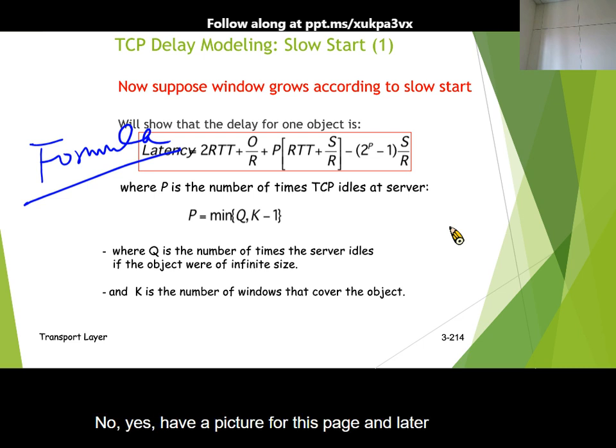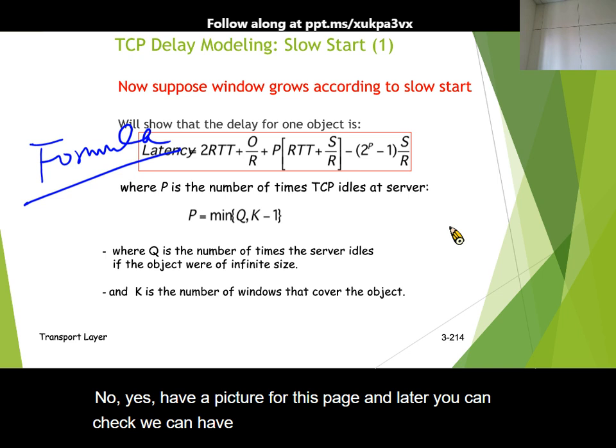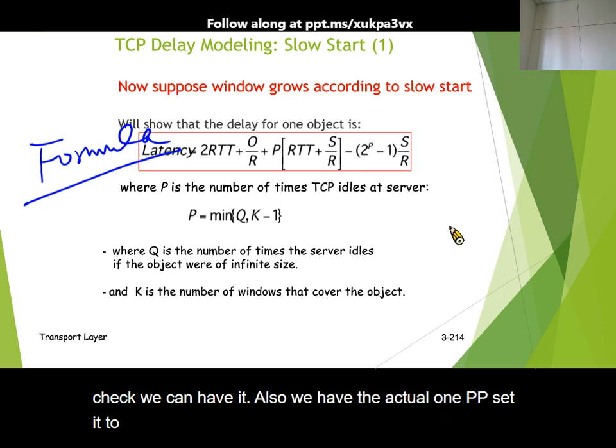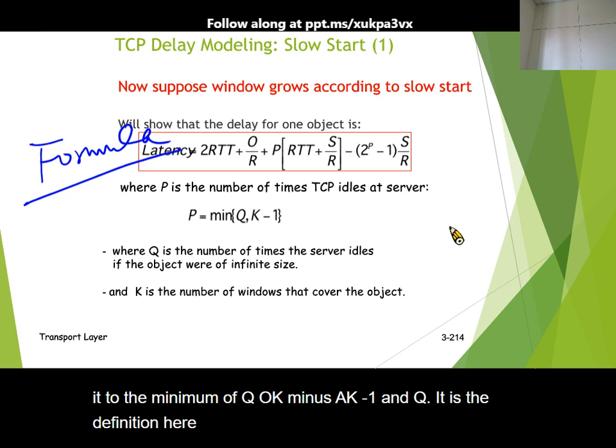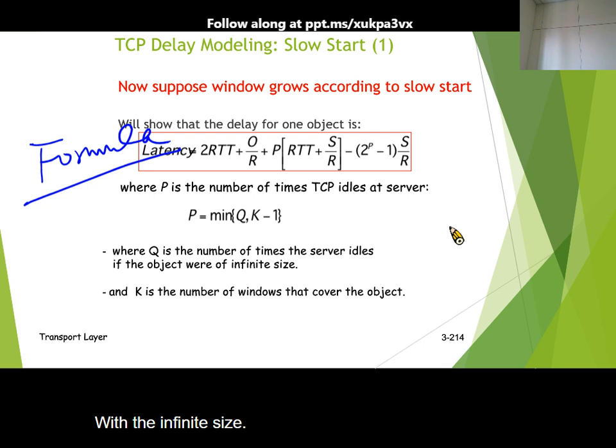We also have the actual one, P. P is set to the minimum of Q and K minus 1. And Q, it is the definition here: number of times the server idles if we have the object with infinite size. What it means for Q and what it means for P, later we can know.